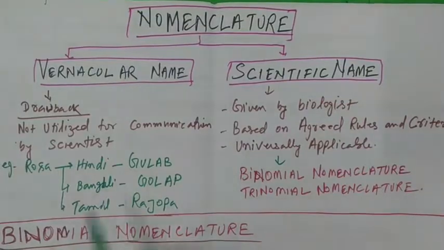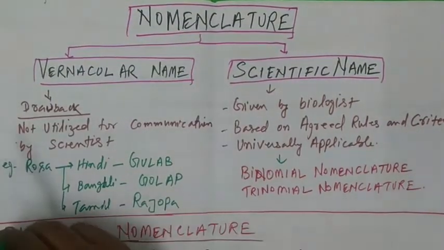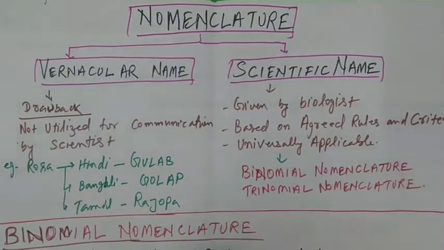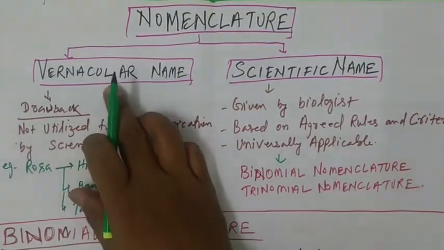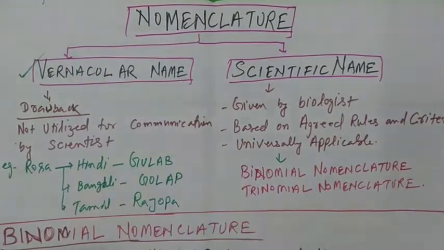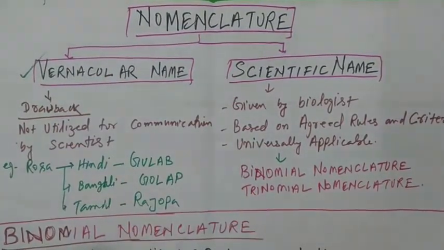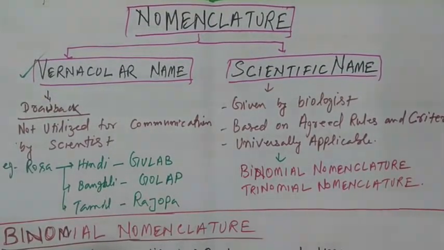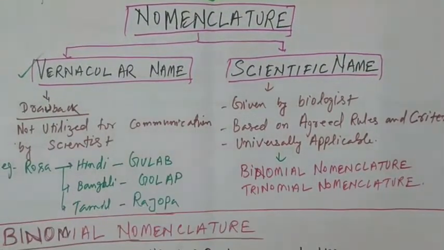So there are two ways to give names, basically in use. One is vernacular names. These are names given by local people in their local language. But there are a lot of drawbacks regarding vernacular names.